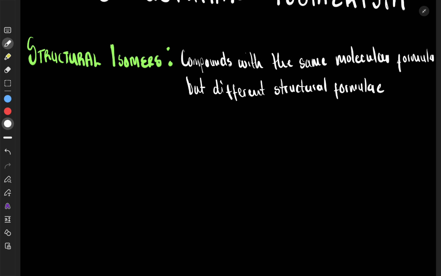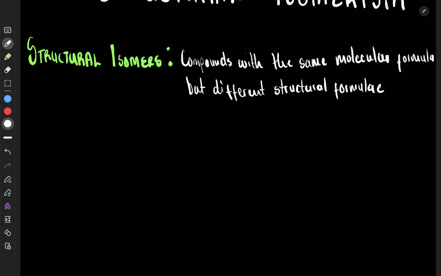It is a formula which tells you the exact numbers of each atom present in one molecule of that compound. So it just tells us, okay, you have 3 carbons, 4 hydrogens, and an oxygen. It only tells you how many carbons, hydrogens, and oxygens you have. It doesn't even tell you the structure, or how the atoms are arranged.